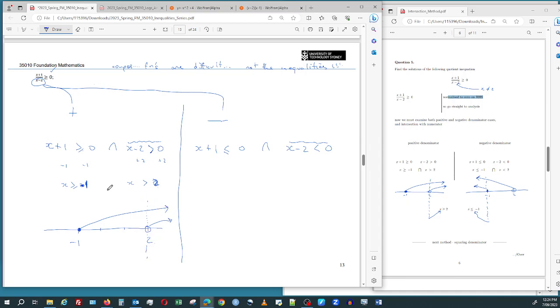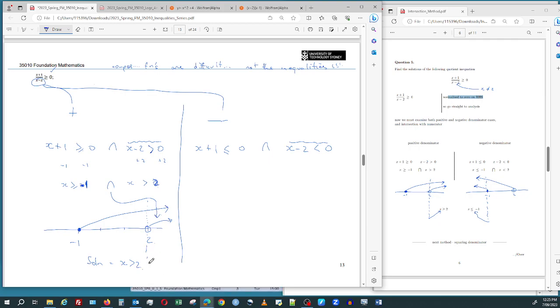This region here is the intersection. So the solution to this is only the one that's over here. The intersection of these occurs at x, but as we can't include 2, the solution, therefore, is x is greater than 2.